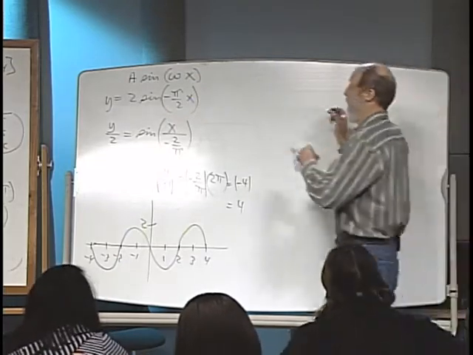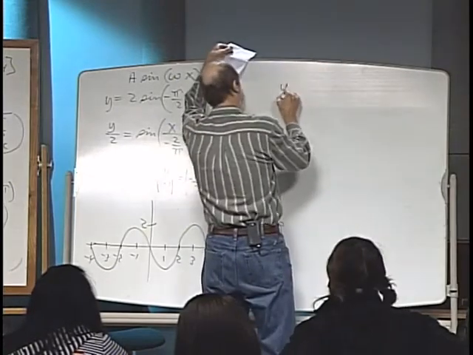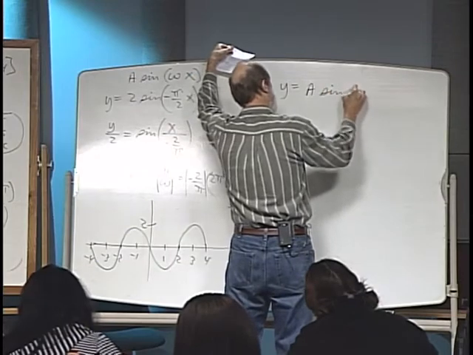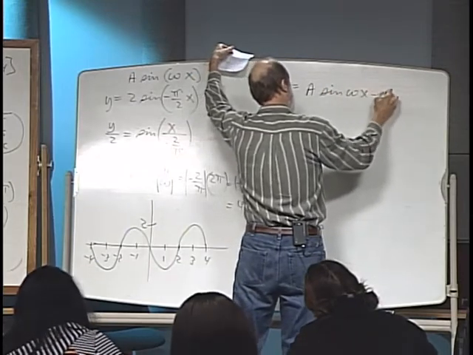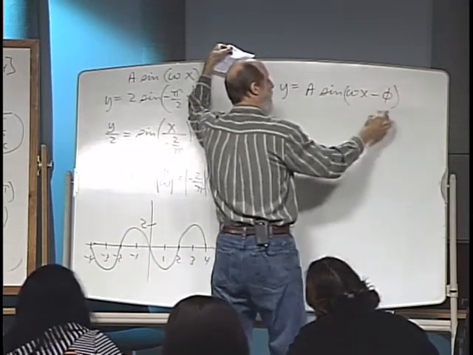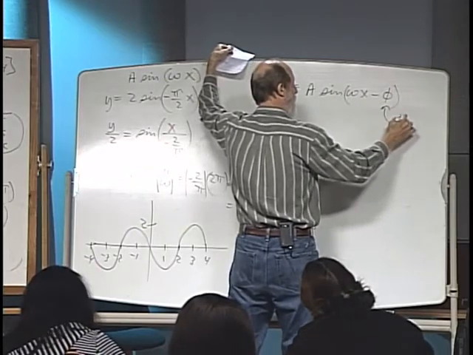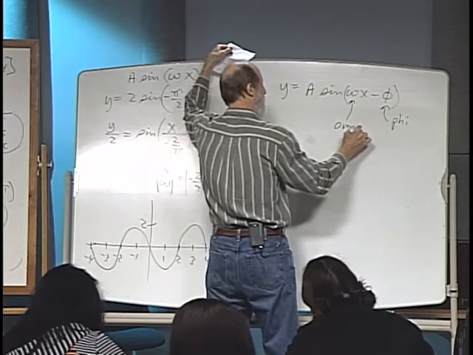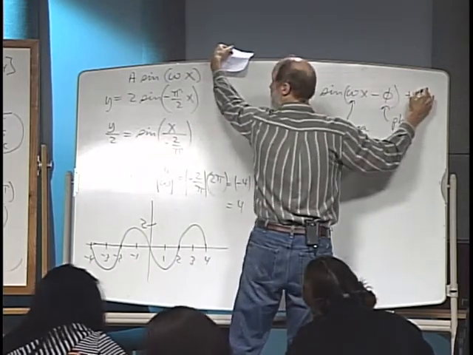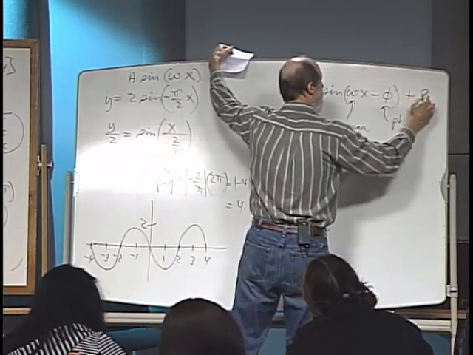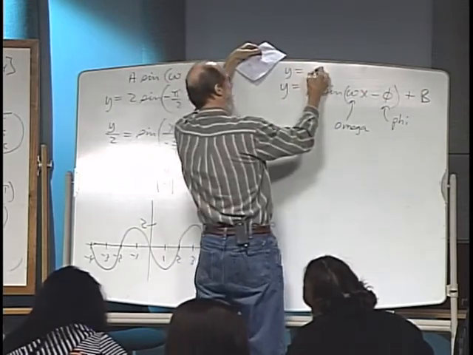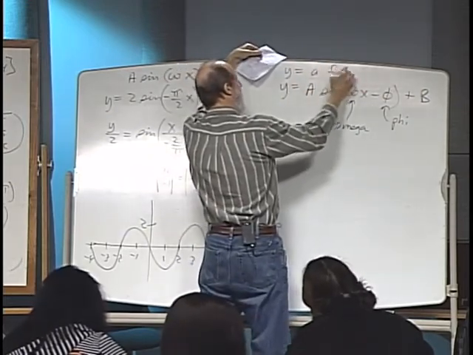Okay. So here's what we want to tackle. Y equals A sine omega x minus Greek letter phi, plus something called b. And I did something earlier, a few sessions ago with you. I think I did something like this.